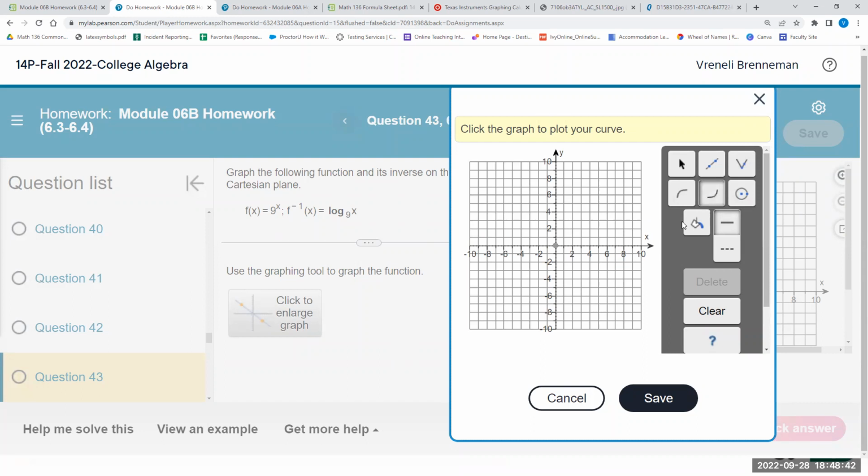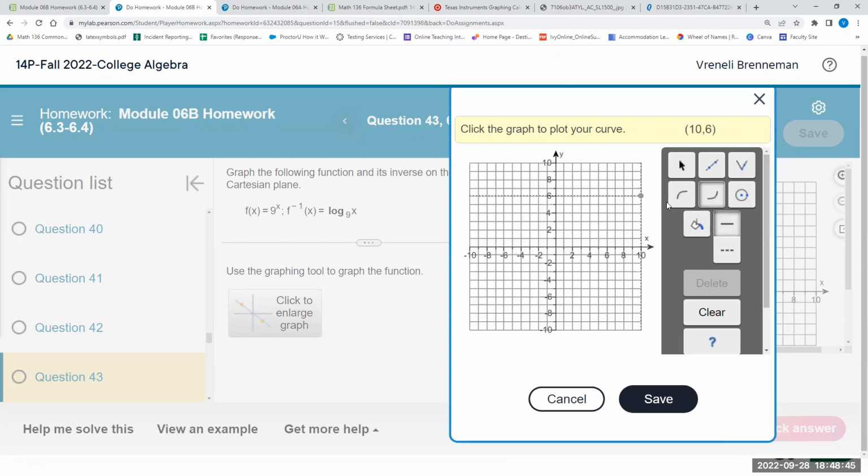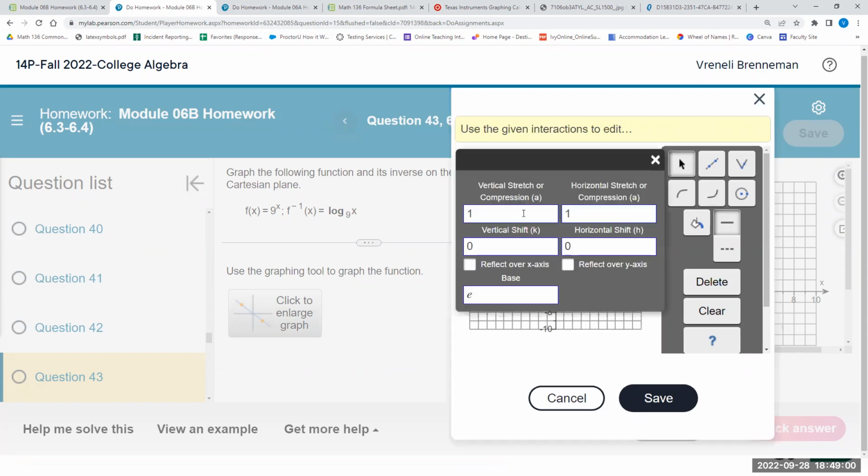These aren't super good little pictures, so you just have to look at those names and understand this is the basic, unflipped, unmoved one. For the exponential, I click anywhere, and all I need to do is say this is base 9.